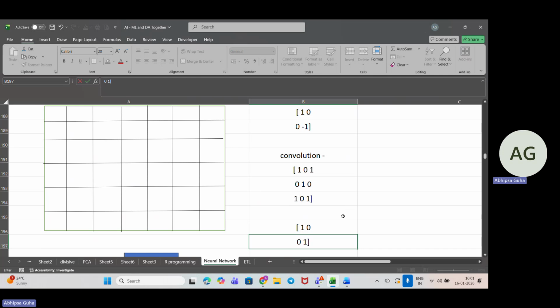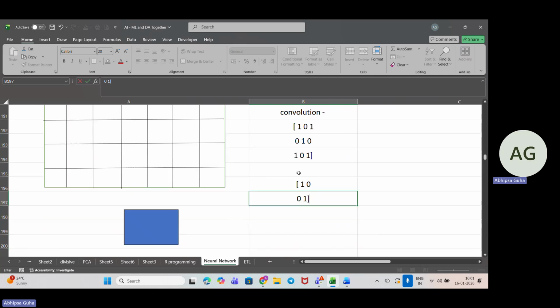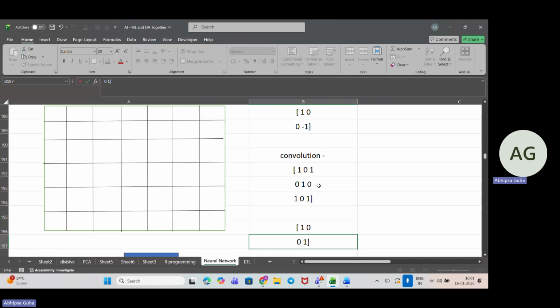Now we need to multiply the elements. This is my image pixel and this is my filter.